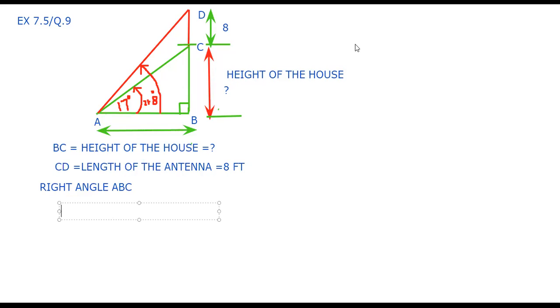So we need to label it some way. Let's suppose we label it as X. A to B is marked as X.